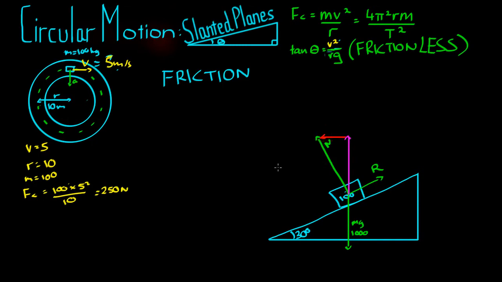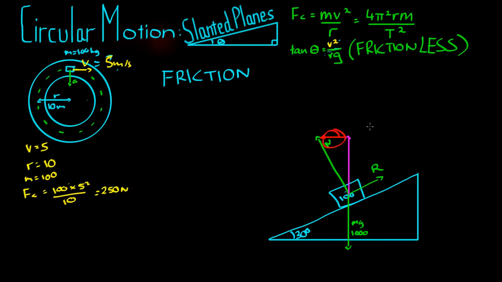This horizontal component will contribute to these 250 newtons. In the problem without friction, it was the only contributor to that 250 newtons. In this question, both the normal force and the frictional force will contribute to this centripetal force.